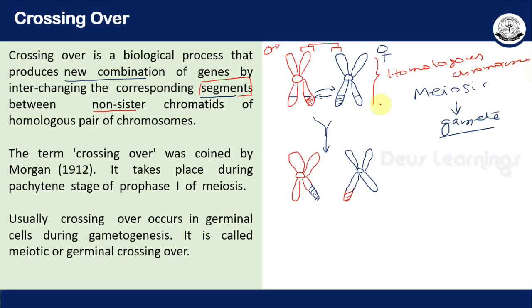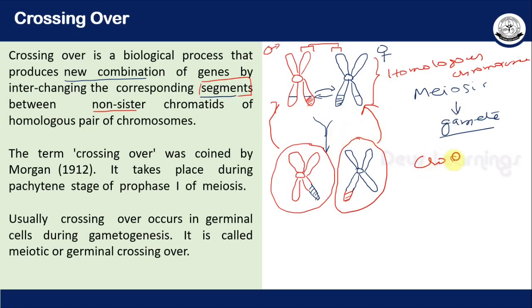So what you understood is that in crossing over, a segment of one non-sister chromatid goes to the other non-sister chromatid of the homologous chromosome. As a result you get a new combination. This is absolutely different from this, and this one is absolutely different from the older version, and these things happen because of crossing over.